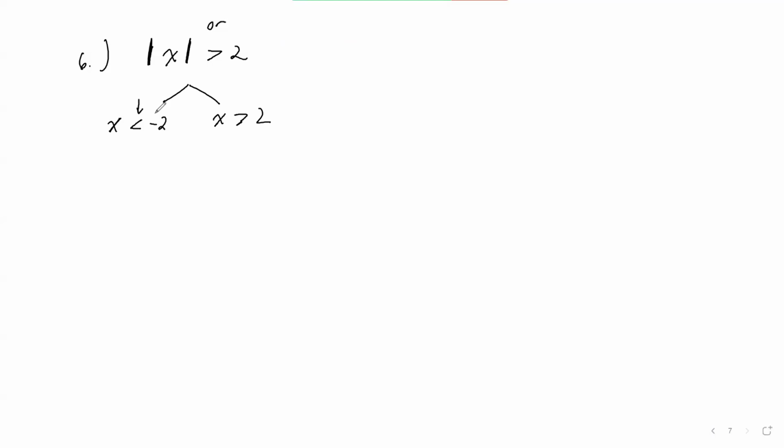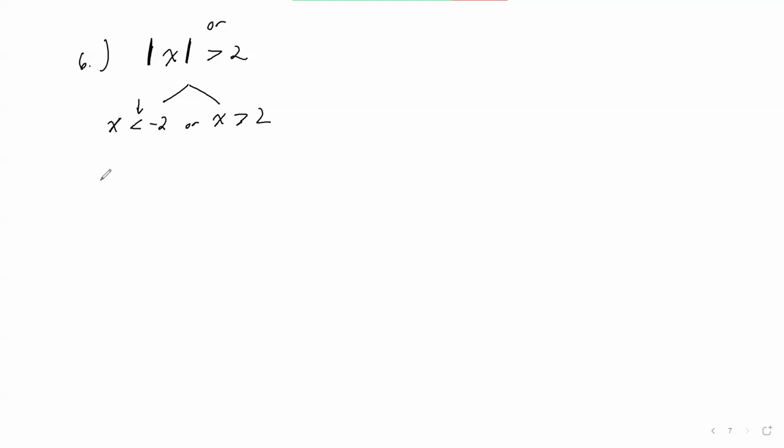But because of the rules of inequalities, since this became a negative, I have to flip the inequality symbol. So now we have this or this. When you have a greater than situation, you have an or situation. So these are actually already solved.